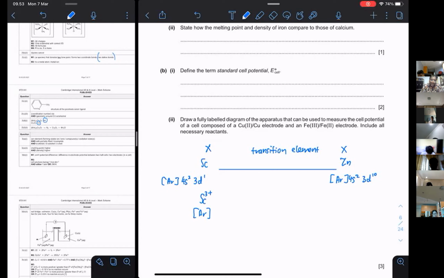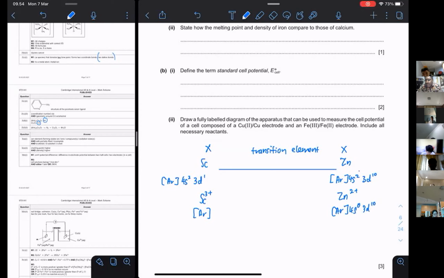So scandium will not be a transition element, and it will not give you any colored complex, because even though there is d orbital splitting, there is no electron there, so no electron to jump. Zinc always forms zinc 2 plus, following argon 4s0 3d10, so 3d10 is complete.